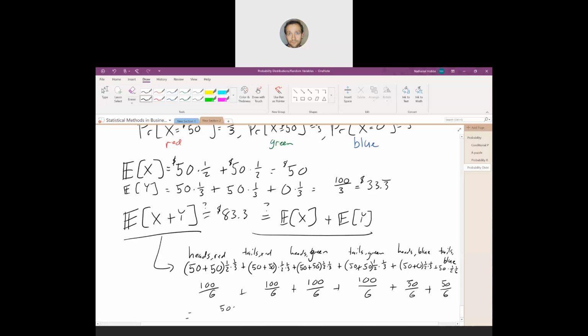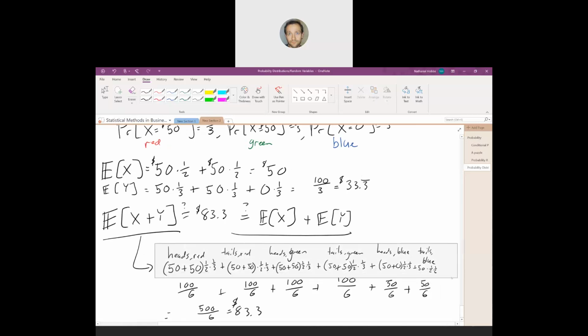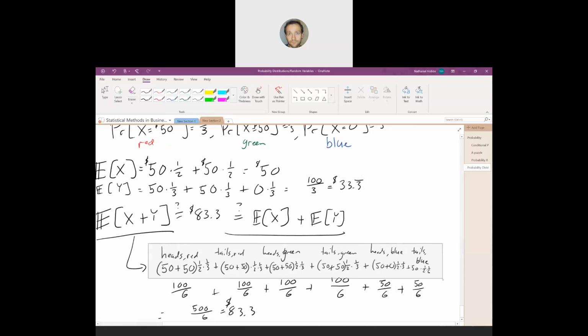Which is 500 over 6, which is 83.3. So there, I just proved it. This is taking the long way. This is using the definition of expectation.